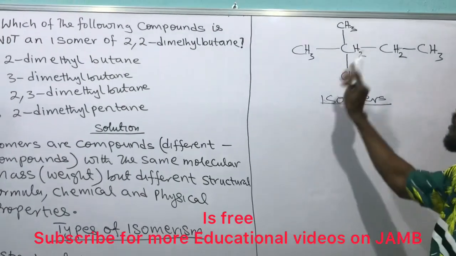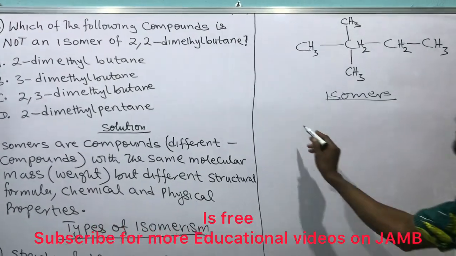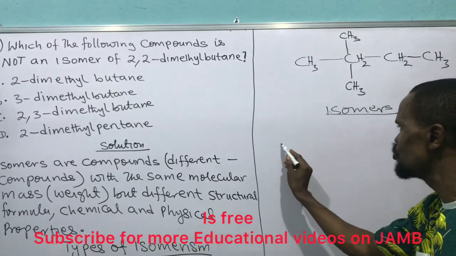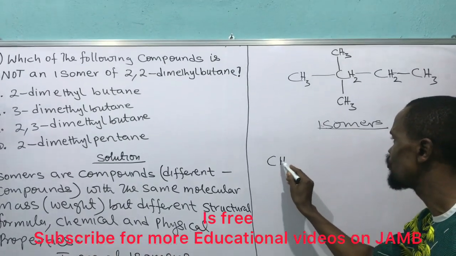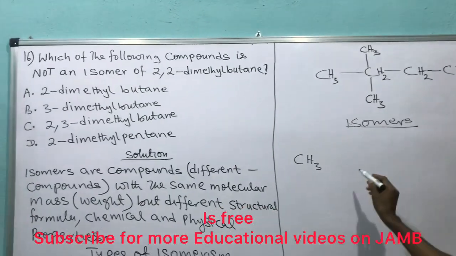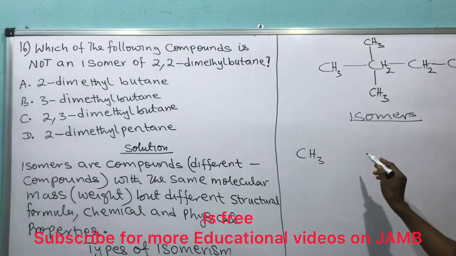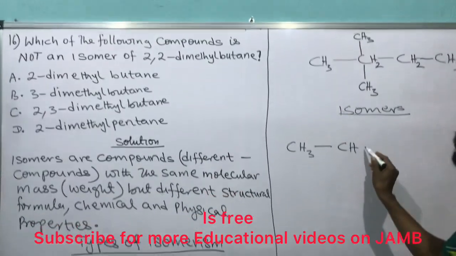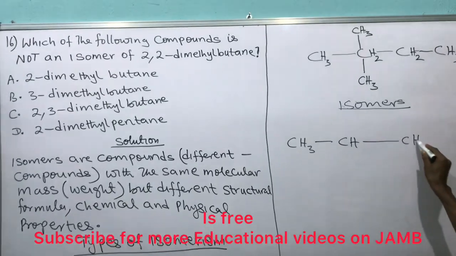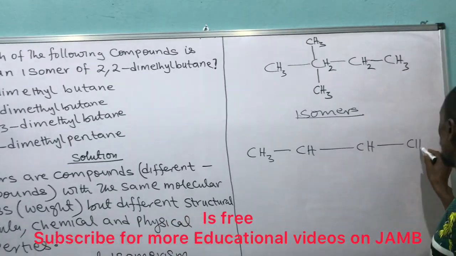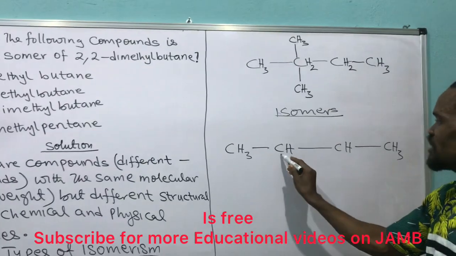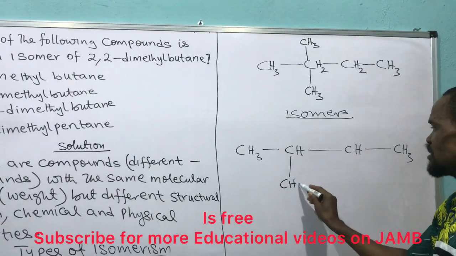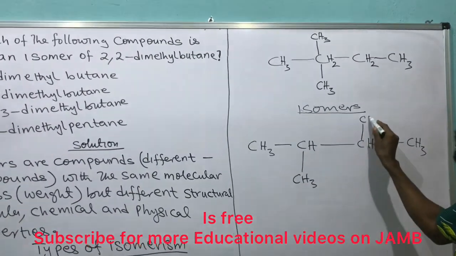Isomers of this compound: I can use this compound to form another compound. This is butane, and I can form this with a methyl.